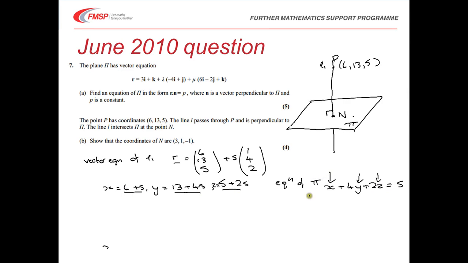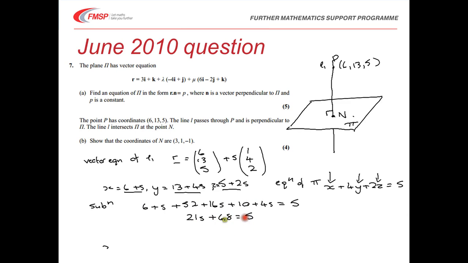It will just have s's alone in. So substituting in gives us 6 plus s, and then we got 4 of this one, so that will be 52 plus 16s, and 2 of this one, so that will be 10 plus 4s equals 5. So we have 21s, and 6 and 52 is 58, and 10 is 68.